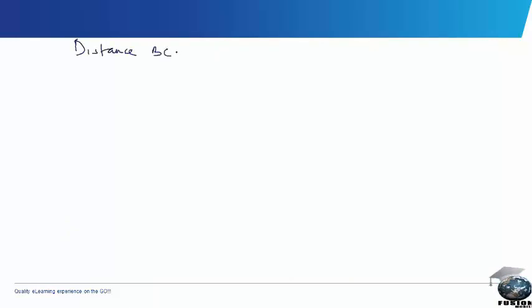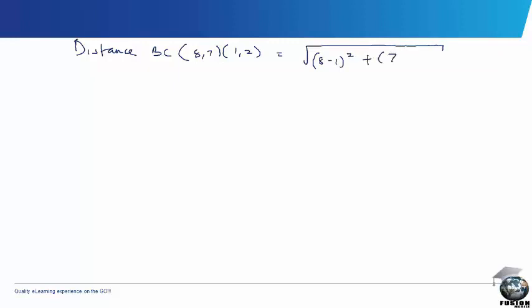Distance BC. At B we have 8 and 7, and at C we have the coordinates 1 and 2. Using the same formula, we have the square root of 8 minus 1 all squared plus 7 minus 2 all squared.